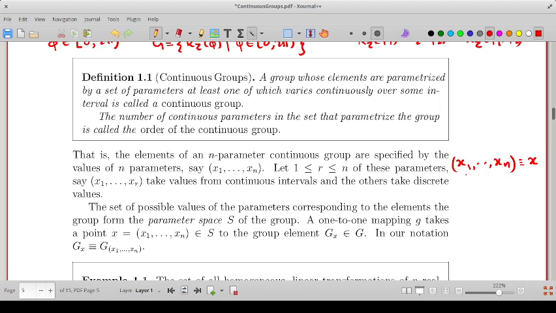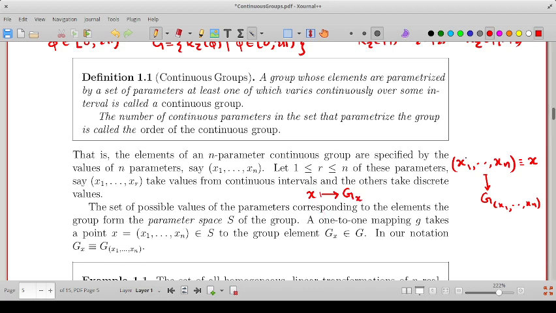Now for each set of values of these parameters, there will be one group element. So that means there is a one-to-one mapping from the set of values of these parameters to an element of the group, which we may denote as G of x1, x2, etc. up to xn. And in a simplified notation, we may write this mapping as the parameter x getting mapped to G of x.